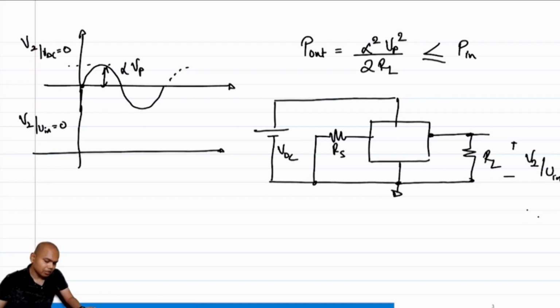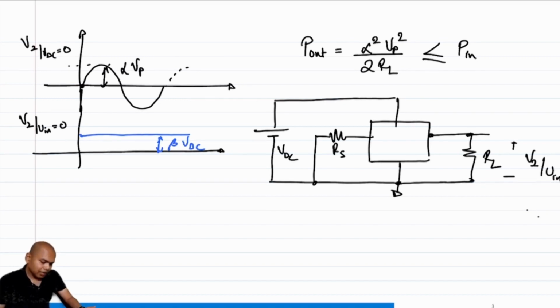Because there is no other time varying source in my network, the output will be DC, of some value. Correct? Let me call this value beta VDC. Okay, fine.